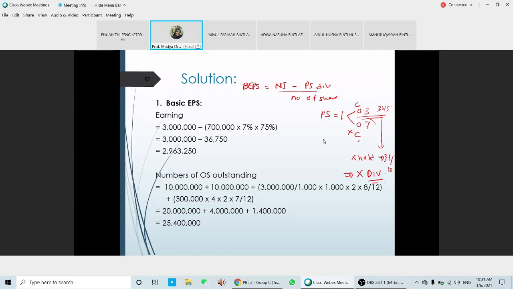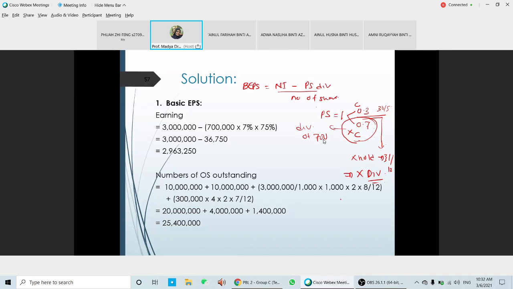The dividend that you need to pay here is only for the one which is not converted. So you need to pay a dividend on 700 only. You shouldn't have to pay a dividend on the 300, because the holders of those preference shares converted them to ordinary shares, meaning they held them only up to 5 months. They did not hold until the end of the year, so they are not entitled to a dividend.